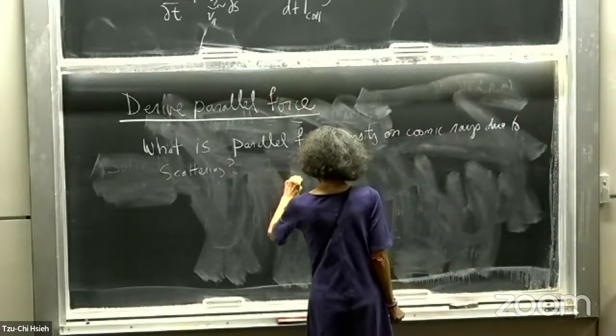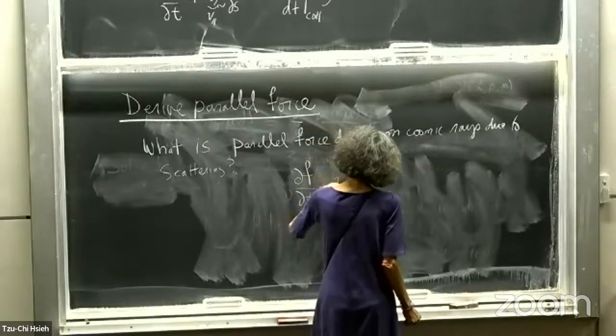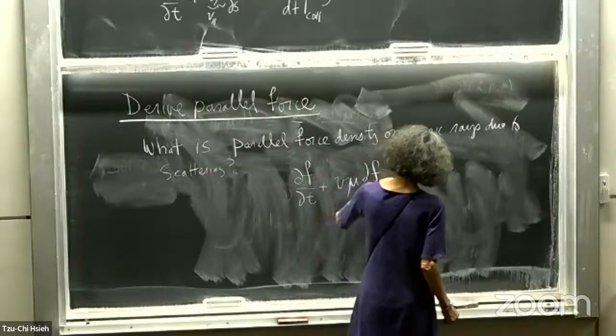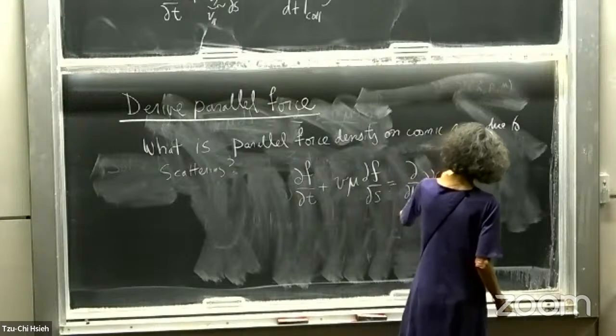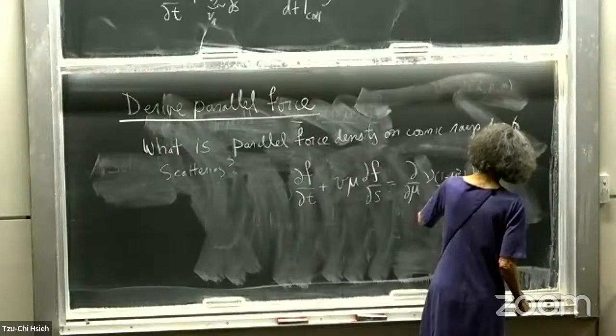We're going to take our equation, partial f, partial t, plus v mu partial f, partial s, is d by d mu, nu, 1 minus mu squared over 2 df d mu.